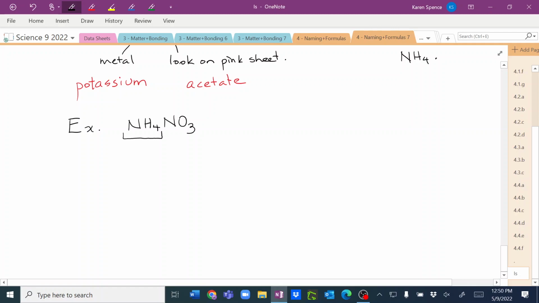Remember, ionic compounds begin with either a metal or NH4. And in this case we have NH4, so it is ionic. Where would we find NH4? Please go and see if you can find NH4.